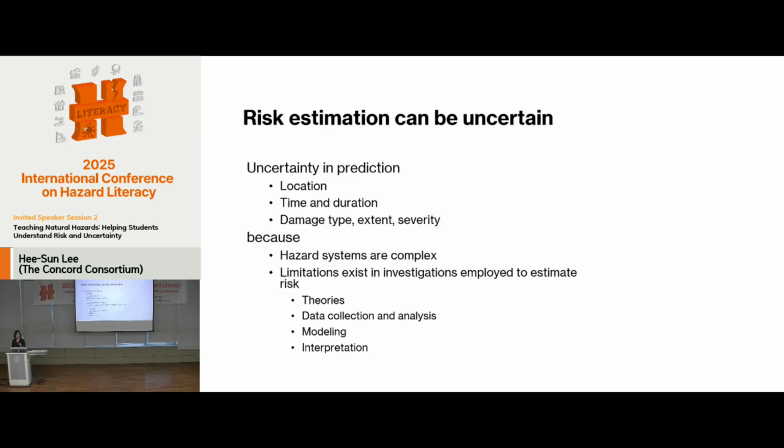Because the theories that we have about how environmental systems work are limited, scientists' theories are limited, theories that we can teach to students are limited. And data collection methods, data analysis methods, we do our best, but we cannot collect every piece of data out there to describe a coming hurricane, for example.